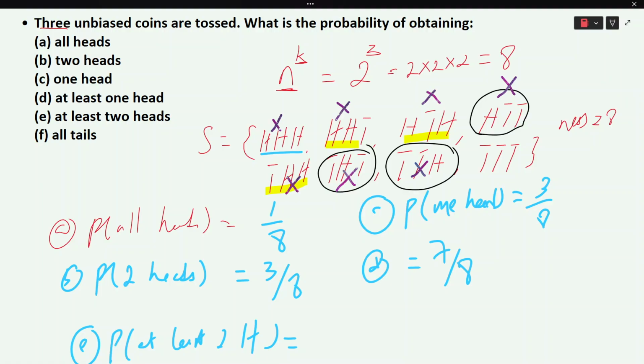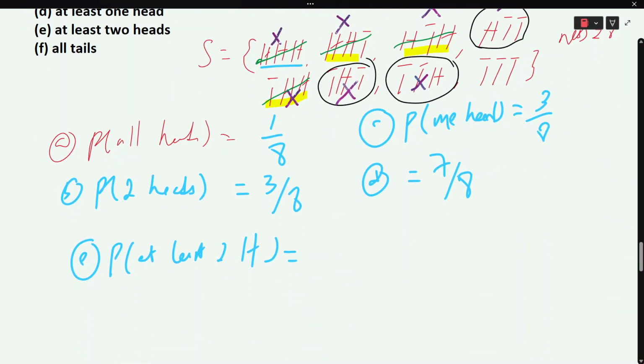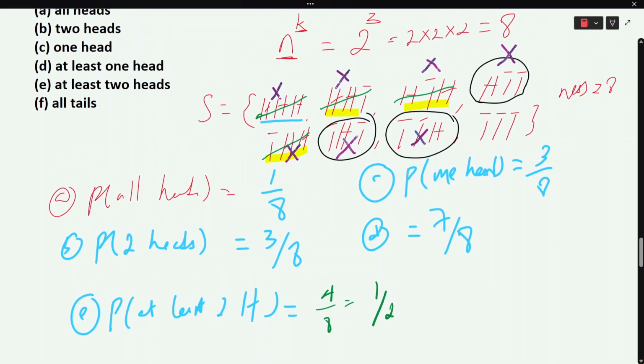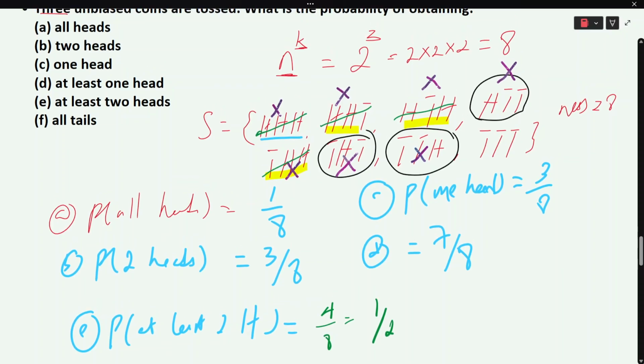In this one we have 1, 3, that makes 4. We have 4 divided by 8, which is 0.5. We're looking at least 2 or more.